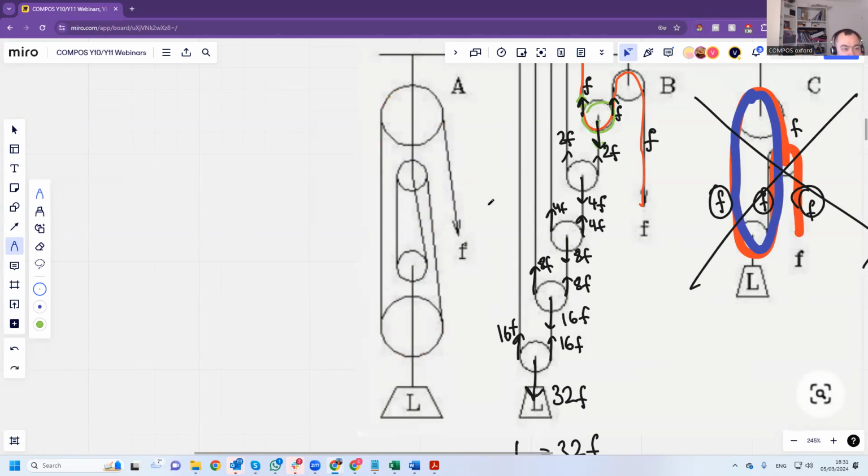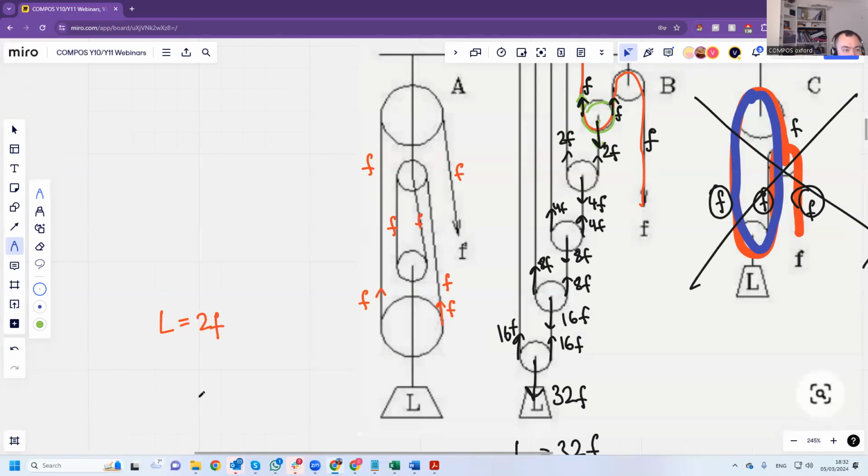That means everywhere the force is F. Okay, so if you look at the load, this is F and this is F. So the load is equal to 2F.